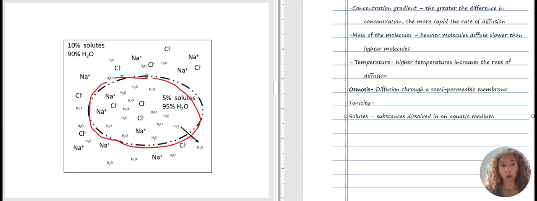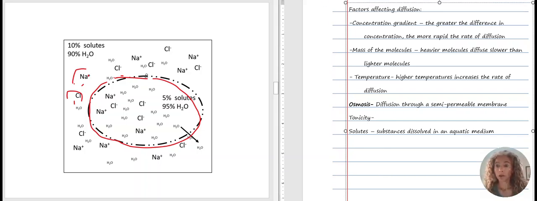And the solutes, you can see, are sodium and chloride. And there are some solutes both outside the cell and inside the cell. Those solutes are dissolved in a solution. The solution is the aquatic medium. In this case, it's water.